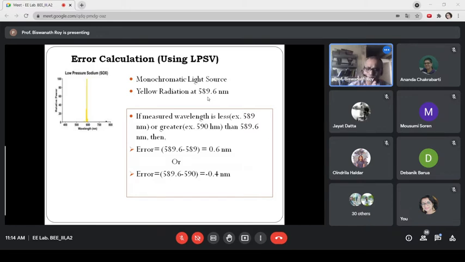When the measured value is also 589.6, the zero error is 0. But when the measured value is 589, then the error is 0.6. When the measured value is 590, then the error is 0.4.